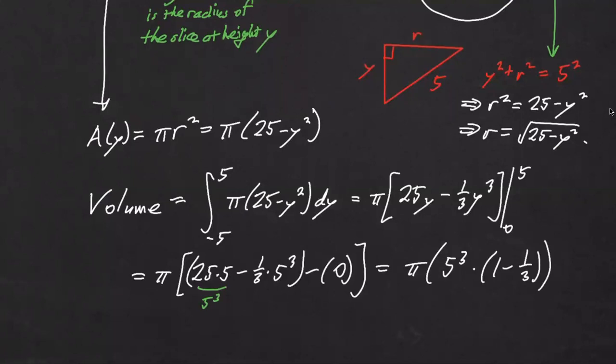Oh, I messed up. Oh my God, I messed up, guys. I did from 0 to 5. Why did I do that? It was from -5 to 5. It turns out you get half the volume of the sphere this way. I really should have put in the -5.